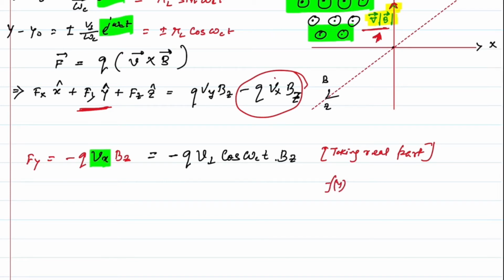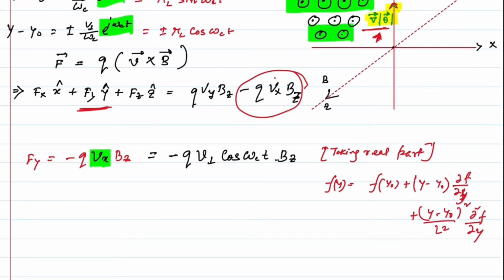So f of y is given by f of y naught plus (y minus y naught) del f by del y, plus (y minus y naught) whole square over factorial 2, then the second partial derivative del 2f by del y squared, and it goes on.